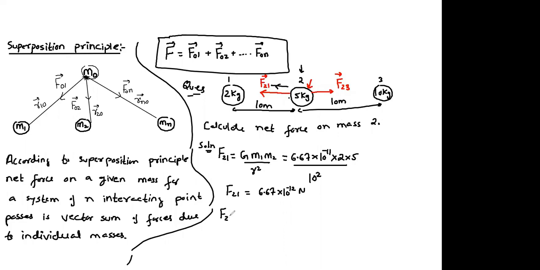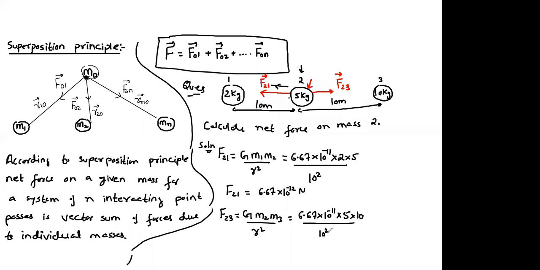Similarly, you can calculate F23. F23 is G, force over this M2 mass due to this M3 mass, so it's M2 M3 divided by r square. Keep on substituting the values. G is 6.67 into 10 raised to the power minus 11, M2 is 5 kg, M3 is 10 kg, divided by 10 square.